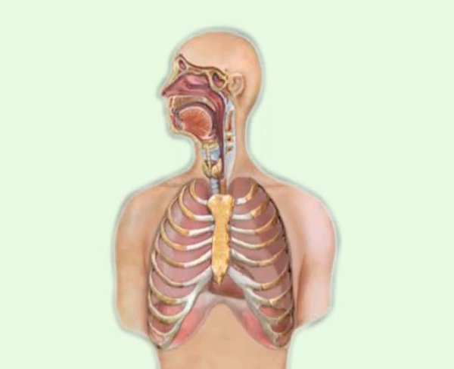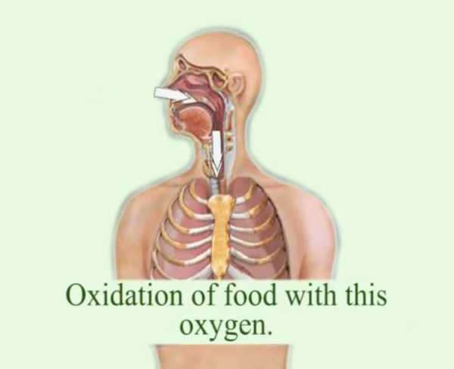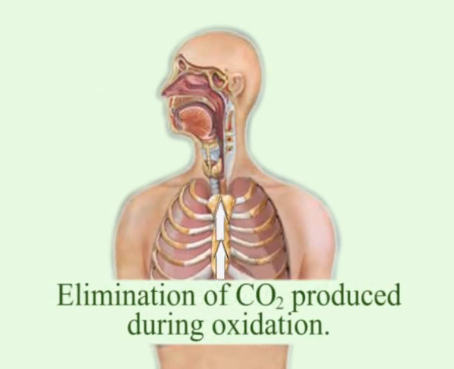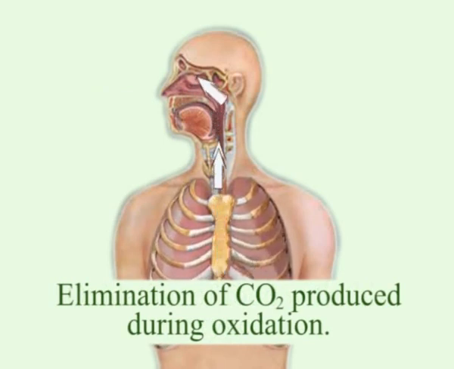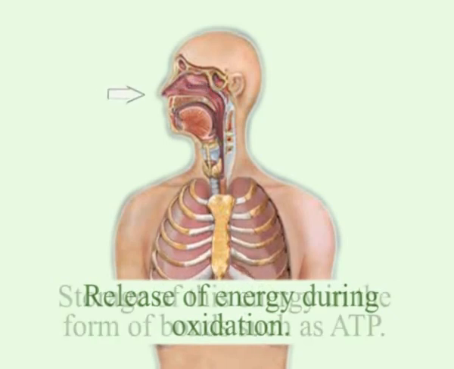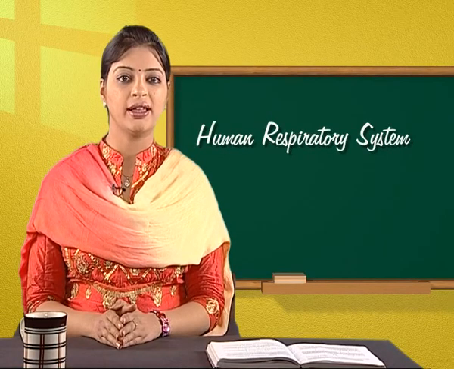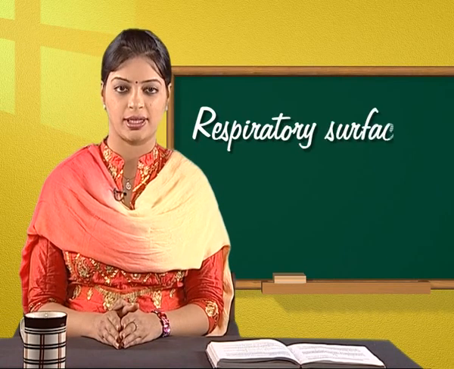Respiration is the process that generally involves intake of molecular oxygen, oxidation of food with this oxygen, elimination of CO2 produced during oxidation, release of energy during oxidation, storage of this energy in the form of bonds such as ATP. The place where the exchange of gases occurs is called the respiratory surface.